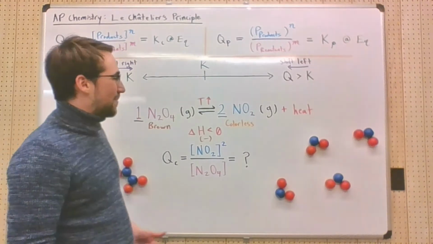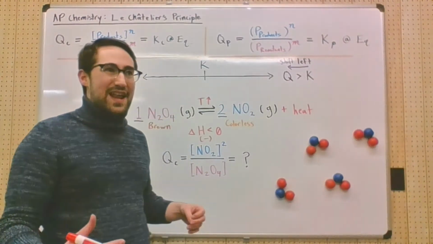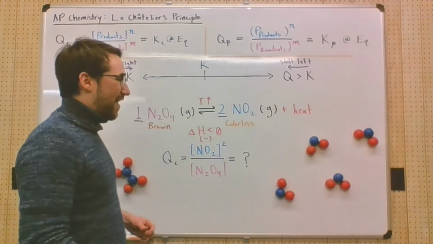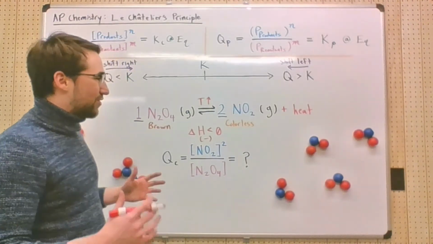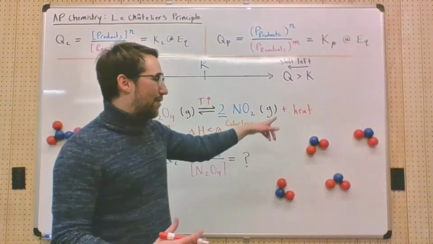Okay? So if my temperature is going up, you could say that everything's getting hotter. You could say that everything has more heat to use. Okay? So if I want to use up that extra heat, I've got to use the direction of the reaction that uses up the heat I would otherwise make.